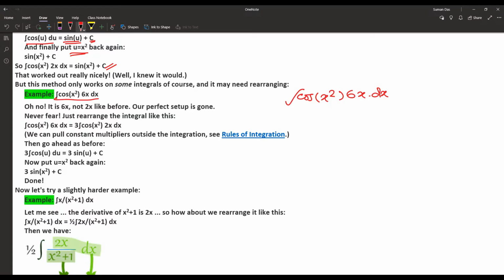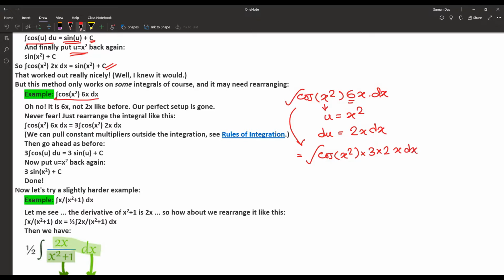Now if we replace x square with u, we get du is equal to 2x dx. But here what has been given is 6x. So we may write that as integration of cos x square into 3 into 2x dx, that means we are writing 6 as 3 into 2.